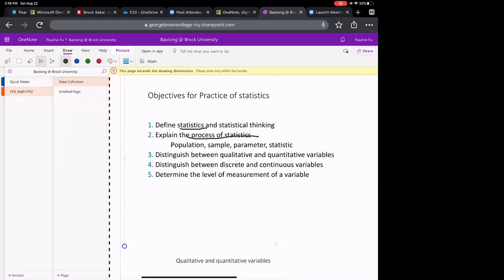The first step is to define the objectives. The second step, collect data. Step 3, summarize and analyze the data. Step 4, draw conclusions. The terminology involved in statistical thinking starts with population.